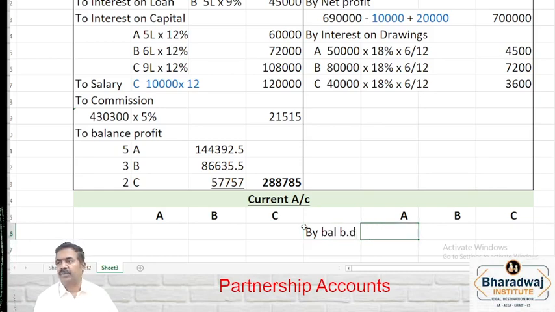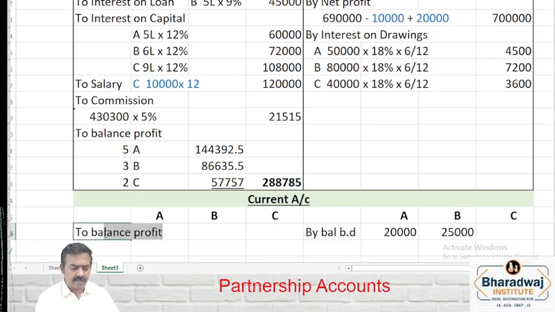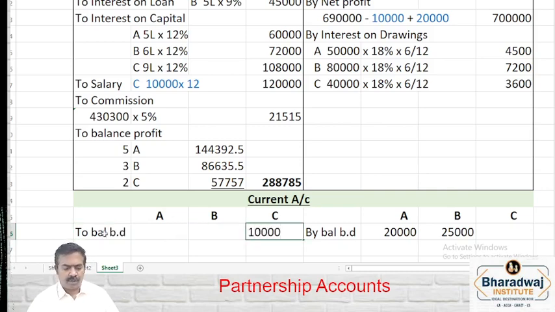For whom is it a normal balance? A and B, how much? 20,000, 25,000, by balance brought down. Who has an overdrawn balance? C, how much? The overdrawn balance will come on the debit side.